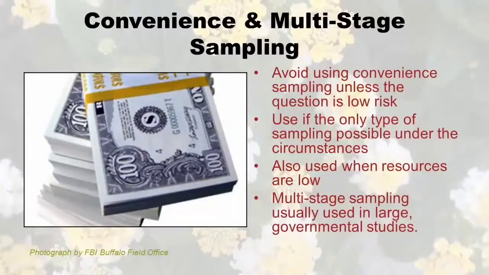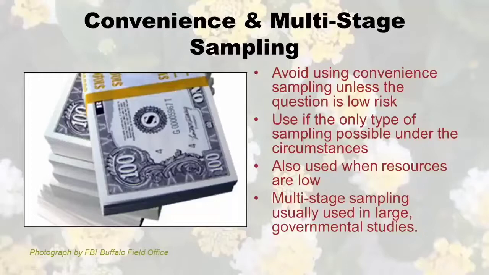So in summary, convenience and multi-stage sampling. With respect to convenience sampling, you want to avoid it unless it's really a low risk question you're asking about. And you also want to avoid it unless it's really the only type of sampling possible under the circumstances.